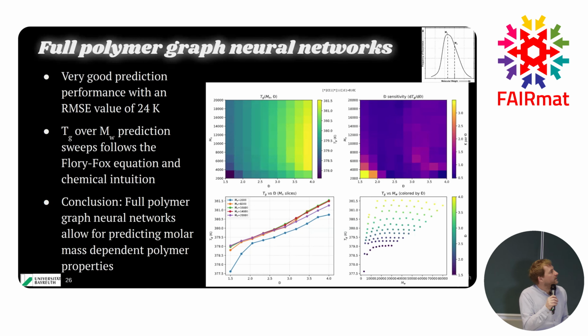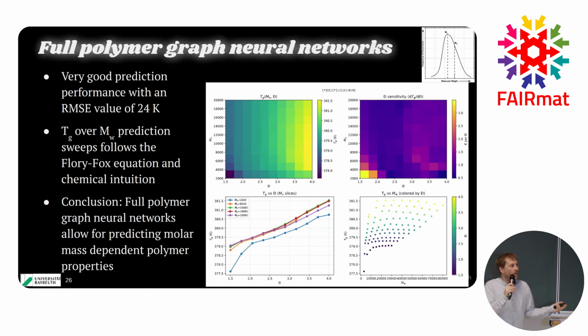We then plotted these TG over M prediction sweeps that you can see here on the right, meaning that because we now have all these dependencies, we can just produce all the sweeps. We can take a polymer and sweep over the MW, which is one of these properties that describes this distribution, the MN, and also the dispersity, which is just the ratio, one over the other.